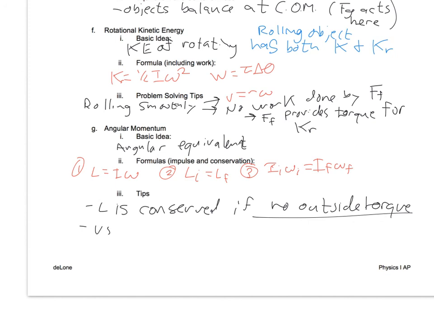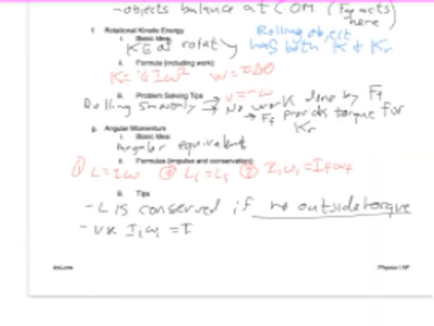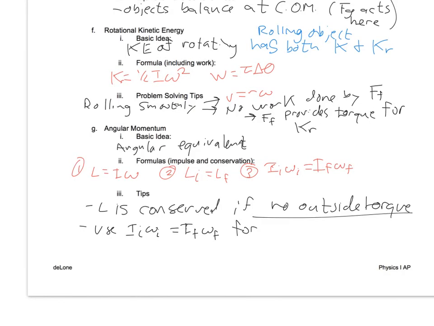The next thing is we're going to use this equation when we have a single object and its moment of inertia is changing. So really, this is simply the angular momentum for a single object. And what we can use that to do is analyze the situations when that moment of inertia changes. The figure skater bringing her arms in is a classic example that we've talked about.